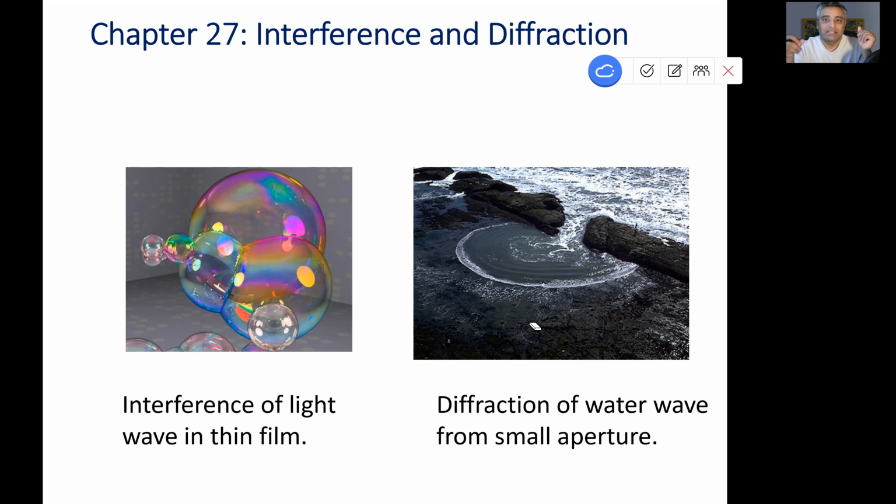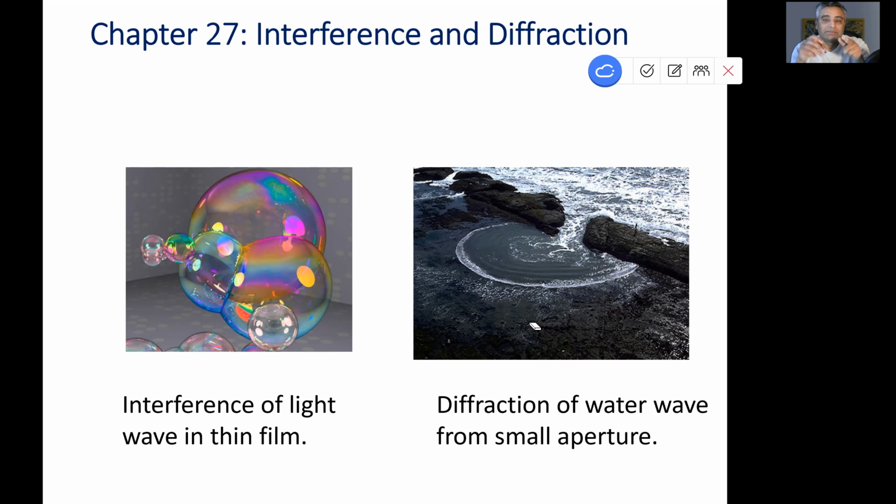What happens is those rays of light go in a straight line when you have openings larger than the wavelength of the light. But when the openings become very small and light is trying to pass through that, rather than going in a straight line, it can bend.